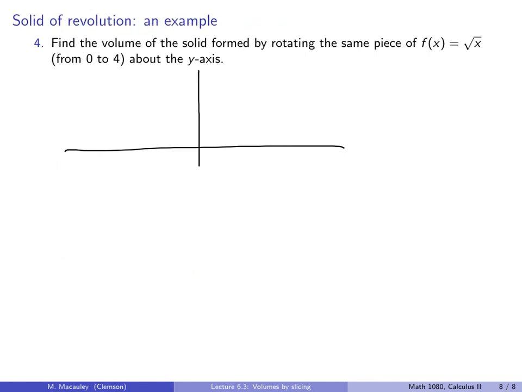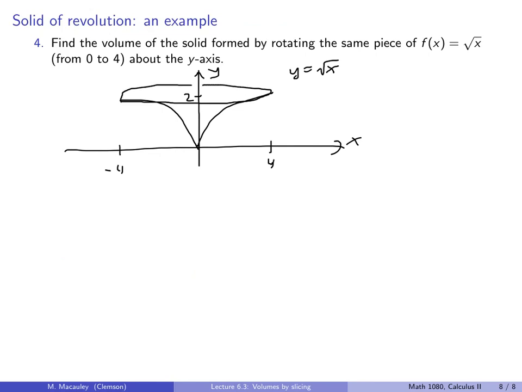Here is that function, y equals square root of x. This is from 0 to 4. This is, of course, 2. This is the x-axis, and this is the y-axis. And if we reflect it about the y-axis, it looks something like this. Now our solid of revolution is going to look like this little trumpet thing.